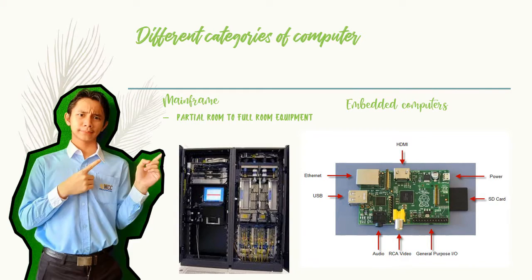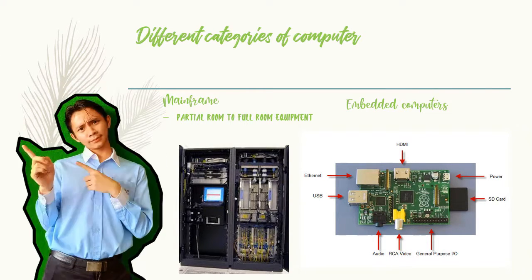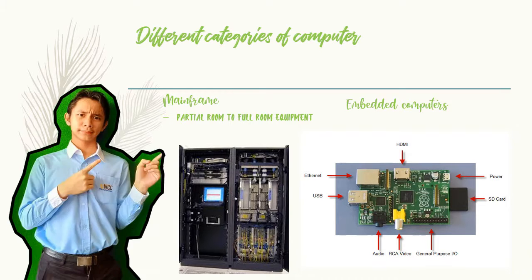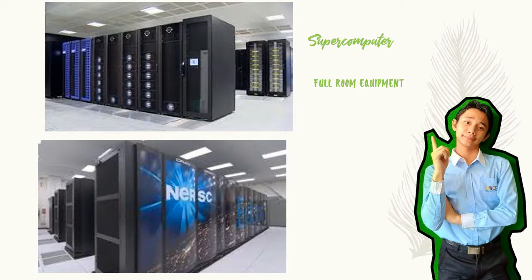Mainframe, partial room to full room equipment, is also used for servers, and that's confidential. Embedded computers, miniature. Supercomputer, full room equipment. You can see in the picture the supercomputer.